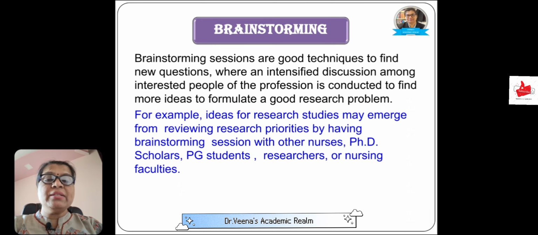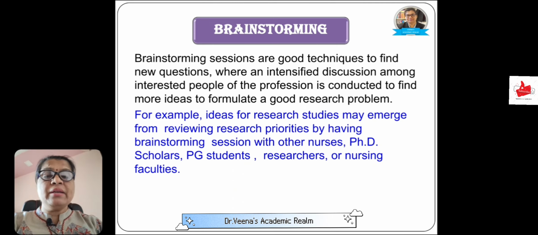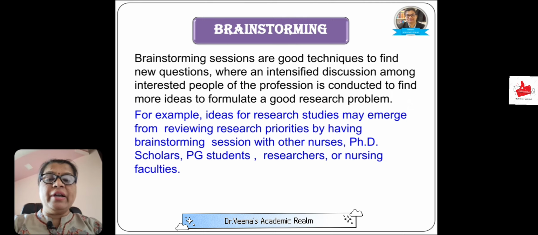For example, there are a few researches done which have some problems, and you find out something new in this research. This is a recommendation given. For example, nurses, PhD scholars or PG students, researchers, nursing faculties come together, discuss and identify some major area of research study.